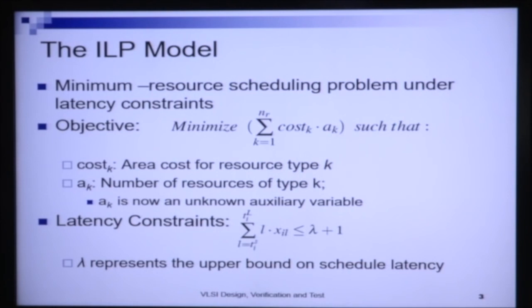Minimize the sum over k equals 1 to nr of cost k times ak. What does this mean? Here cost k is the area cost for a resource of type k, and ak denotes the number of resources of type k. So, what do we want to minimize here?